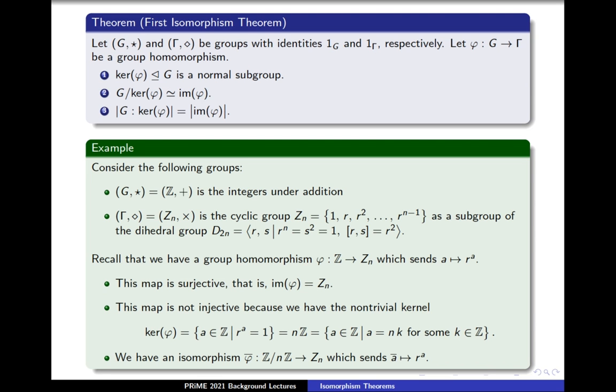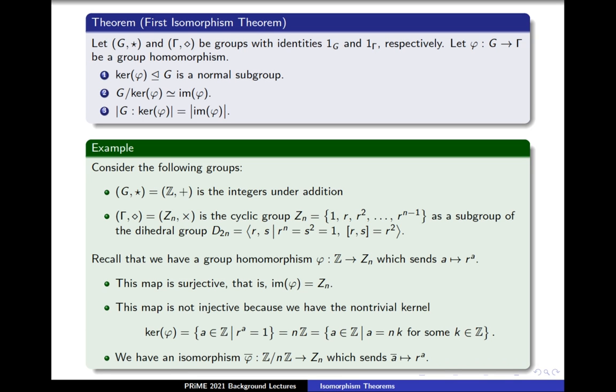Our cyclic group we'll consider to be the elements 1, r, r squared, up to r to the n minus 1. And our dihedral group of order 2n is generated by elements r and s and has relations r to the n equals s squared equals 1. And the commutator of elements r and s is equal to r squared.